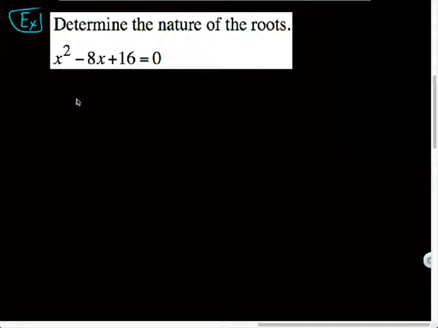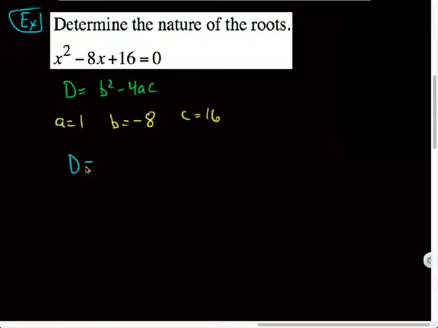There's one real solution. So D is equal to B squared minus 4AC, right? What are A, B, and C in this problem? A is equal to 1, B is negative 8, and C is 16. So let's just plug it in and find out what the discriminant is.